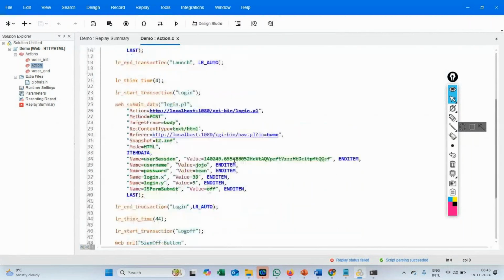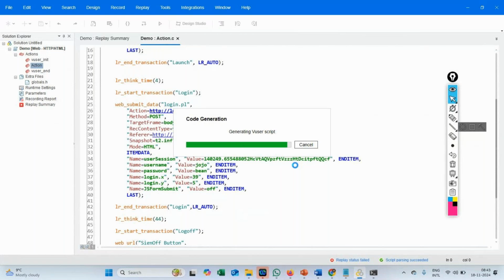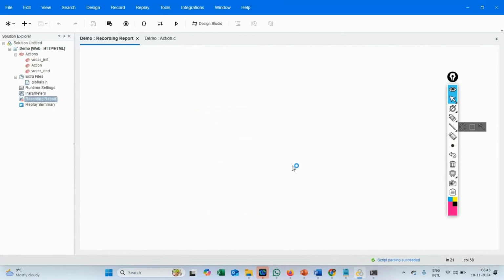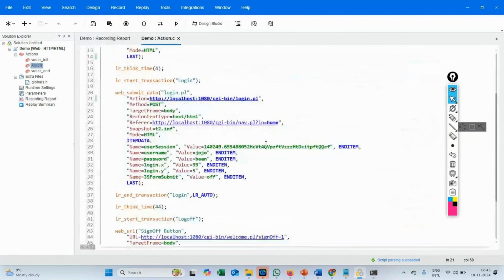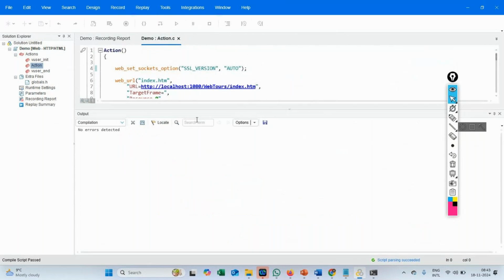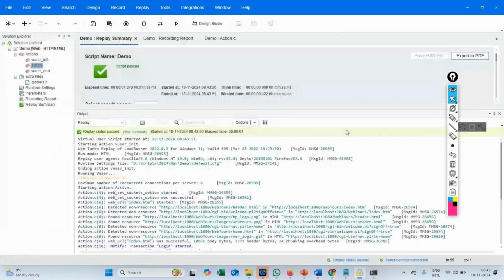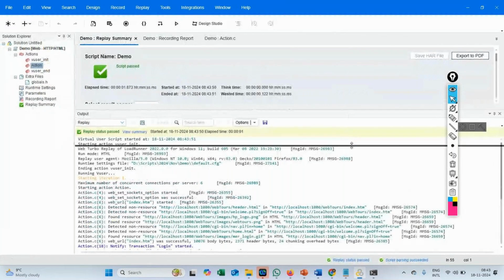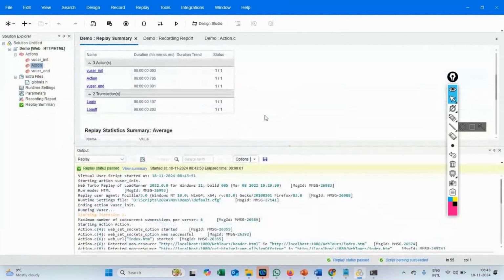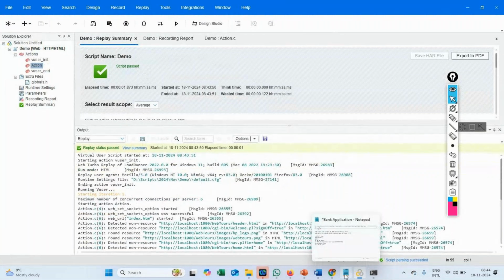Does anyone remember what we changed in the script that day? Okay, no problem. I just regenerated the script, so hopefully it should not throw any error. As per our previous example, I made some changes which I don't remember. That's fine.